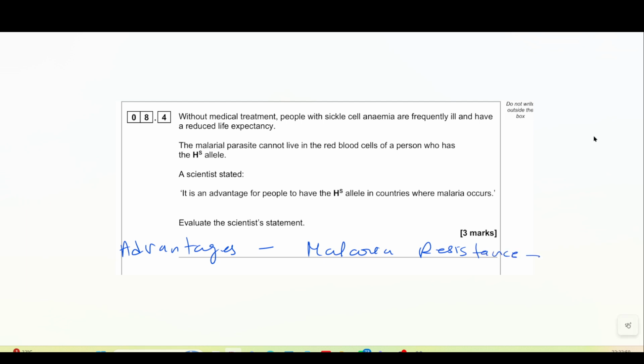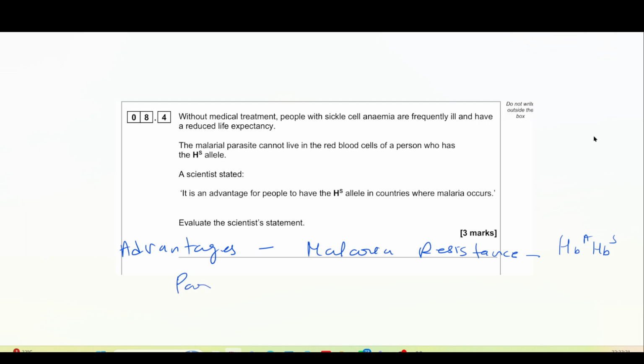The individual is resistant. Individuals with HbA and HbS, this is normal and this is mutated, have sickle cell trait, but these individuals are less likely to die from malaria because the parasite cannot easily reproduce in their red blood cells.